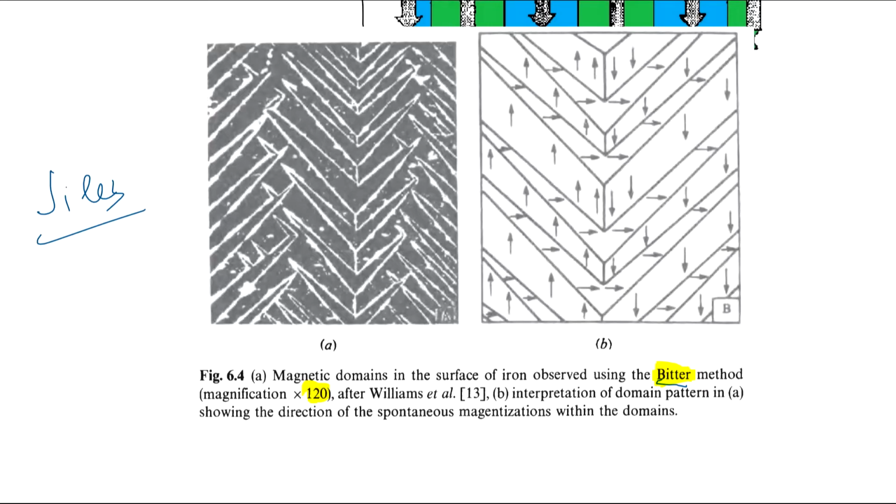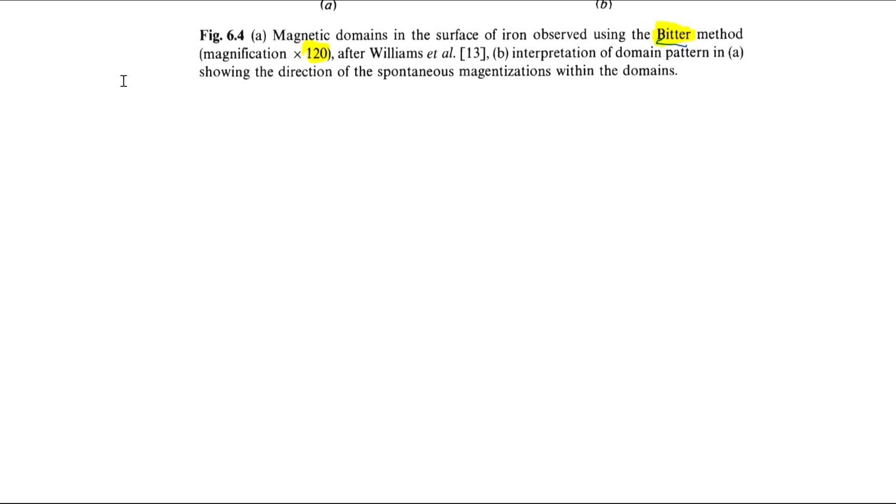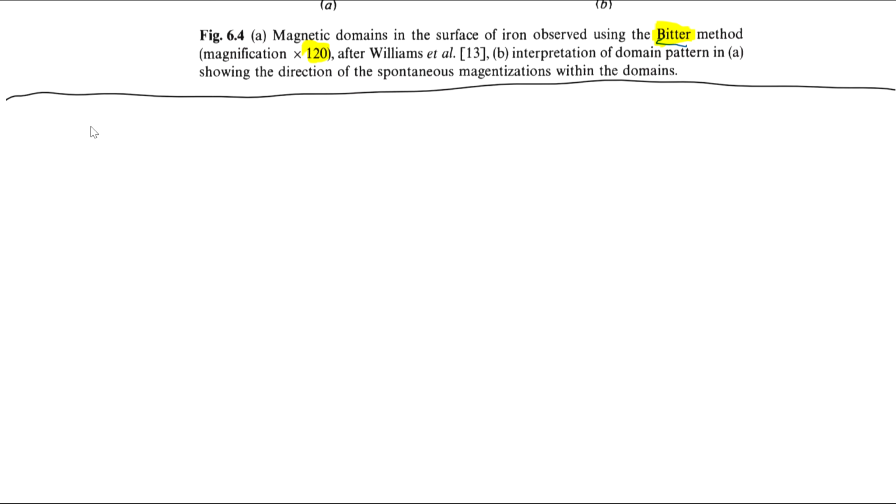The other method that can be used to visualize magnetic domains is something that you saw in my laboratory when you visited it. It is called magneto-optical methods, and it's abbreviated to MOKE. It's the magneto-optic Kerr effect.